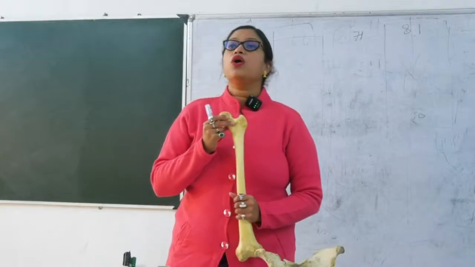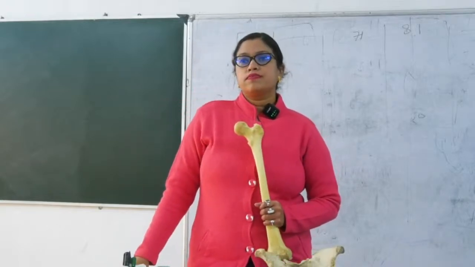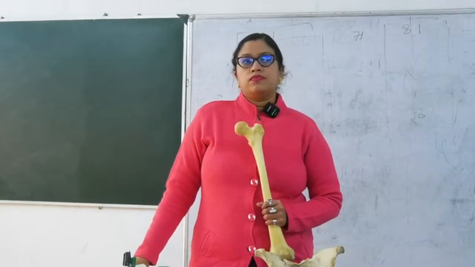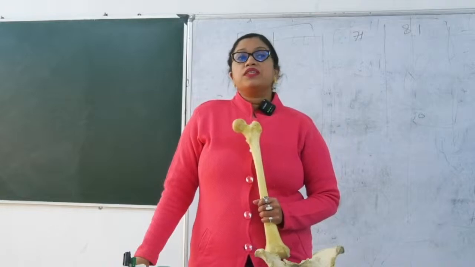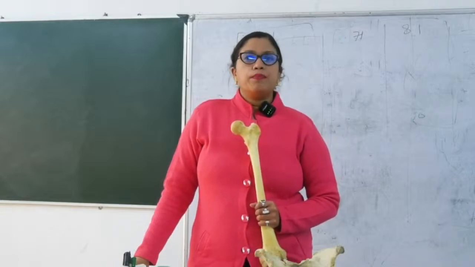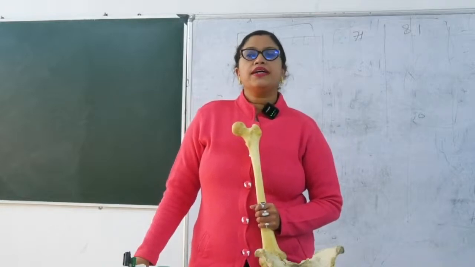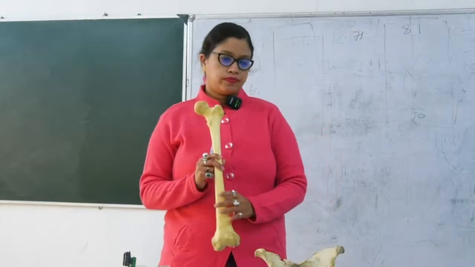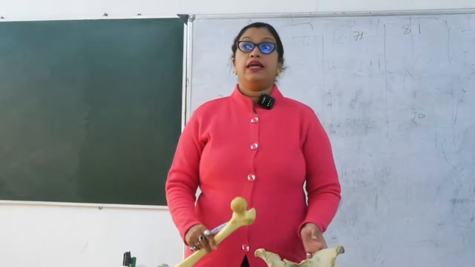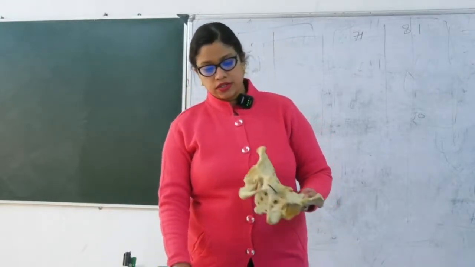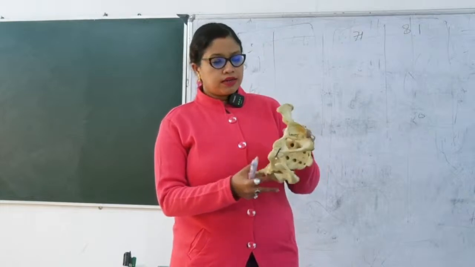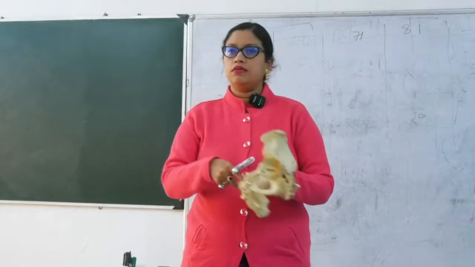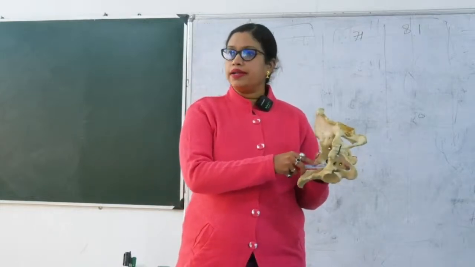Okay, what about the obturator externus? Which muscle is present throughout these three parts of the hip bone? Obturator internus or externus? Internus, obturator internus. Inside you are having the obturator internus.